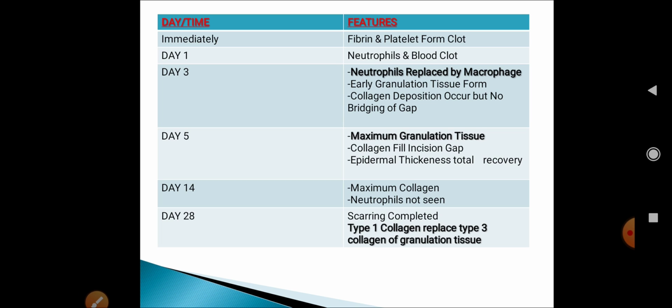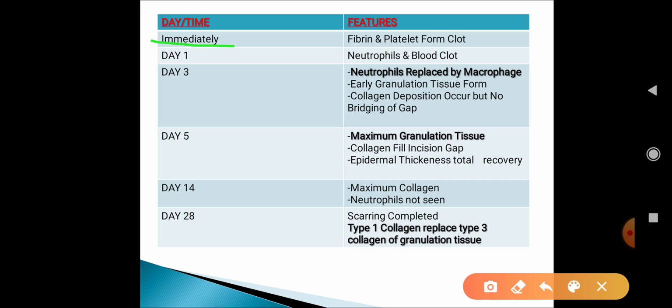Okay, so I have made it simple. This is the day wise features of the wound healing, right? Whether it is primary or secondary intention healing, whenever you are having a wound, immediately there will be clot formation by the platelets and activated coagulation system. The coagulation system will form the fibrin. You already know that. So it will form the clot.